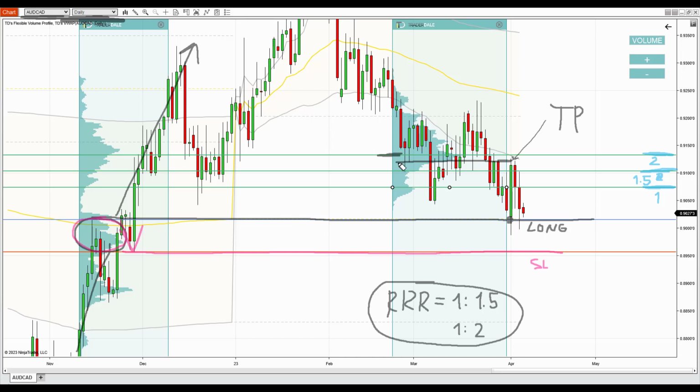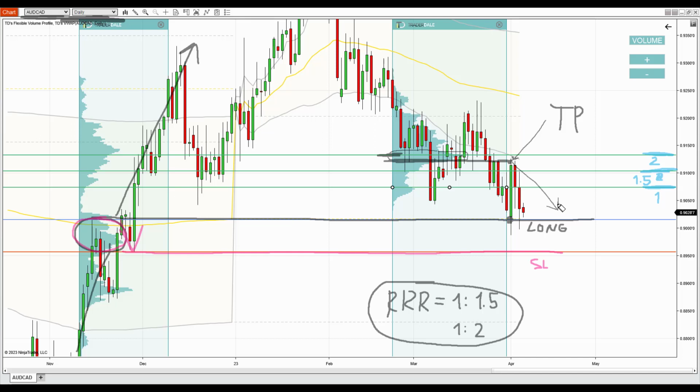The reason is, this is the beginning of that heavy volume zone, which is a risky level because this is a yearly point of control right here, and it could turn the price, could work as a resistance, right? That's why you want to exit your long trade here before the price reaches this heavy volume zone. So that's why the ideal take profit was in here at the beginning of that heavy volume zone.